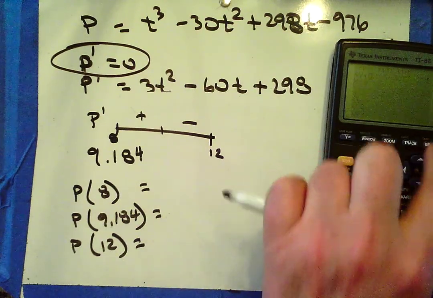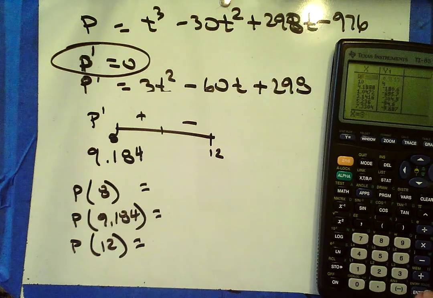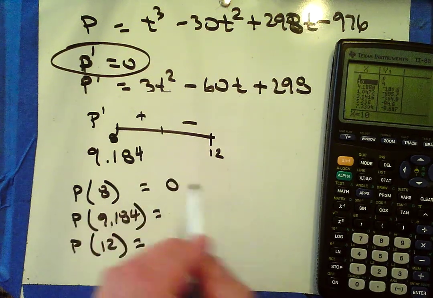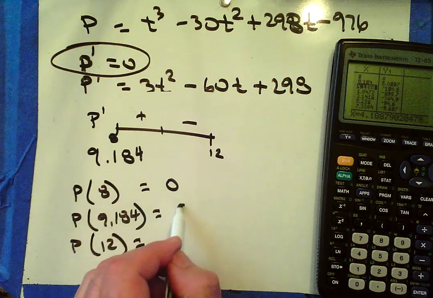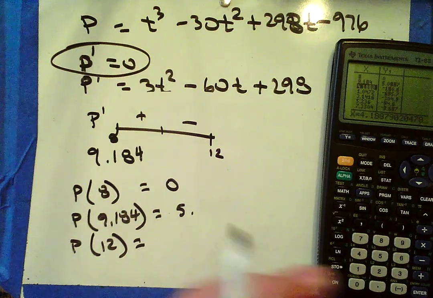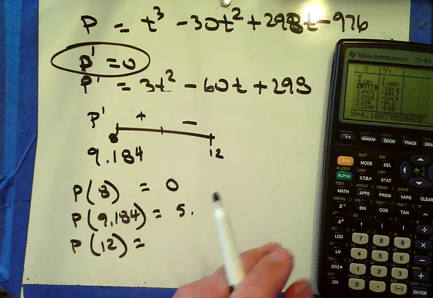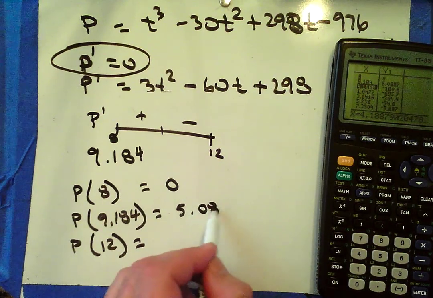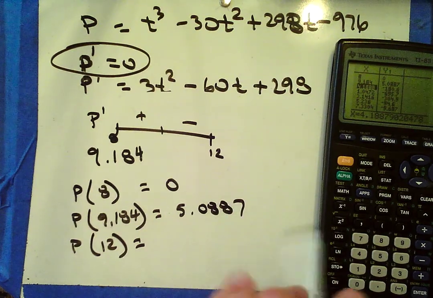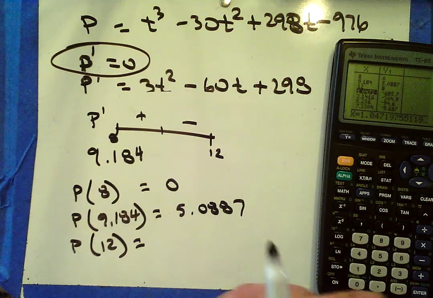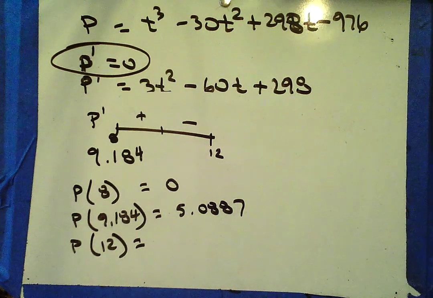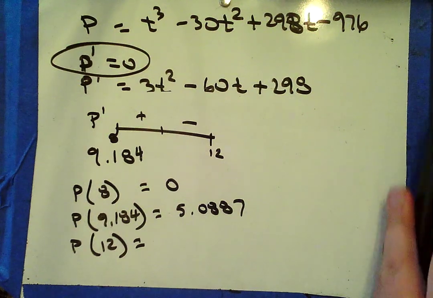Okay, and then I'll go to my table and I'll type in an 8 and I get 0, and I'll type in a 9.184 and I'll get 5.0887, and I'll type in a 12 and I'll get something I can't read. I'll get 8.